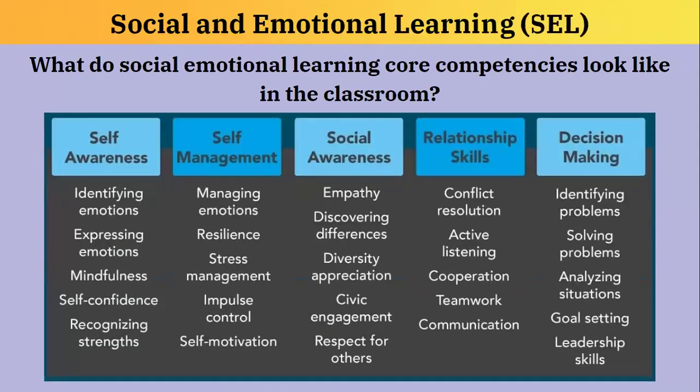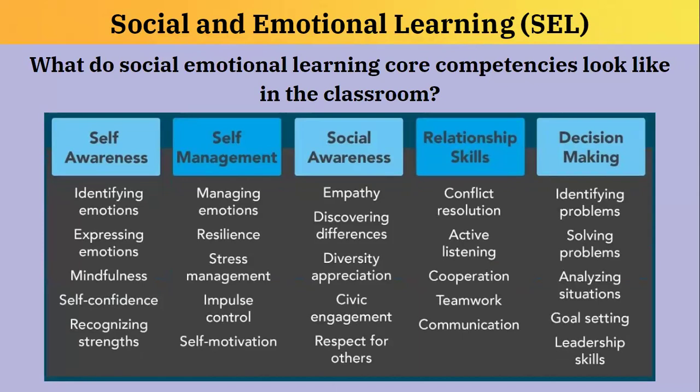now this is what the social and emotional learning core competencies look like in a classroom. Have a look at self-awareness, that is, identifying emotions, expressing emotions, mindfulness, self-confidence, recognizing strengths. Under self-management: managing emotions, resilience, stress management, impulse control, self-motivation.